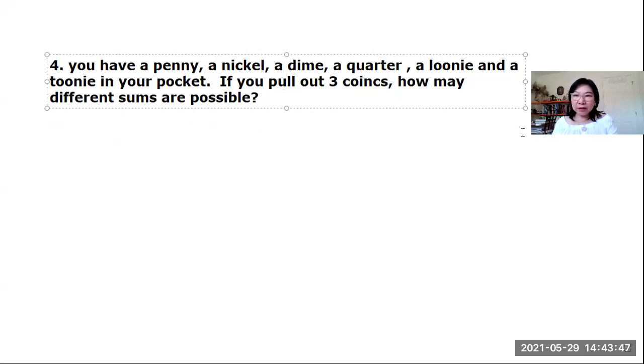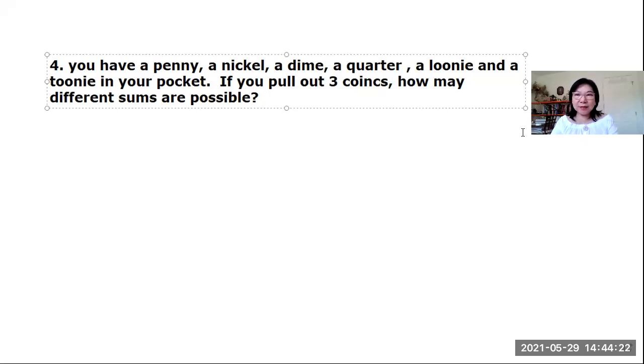If you pull out a quarter, a toonie and a loonie, you have $3.25. If you pull out a loonie and a penny and a nickel, then you have $2.06. That is another sum.